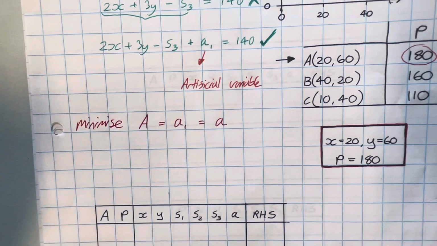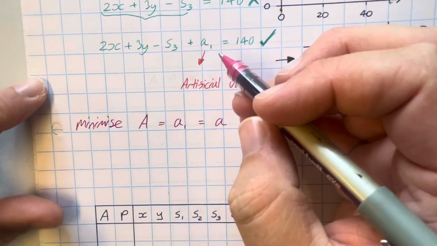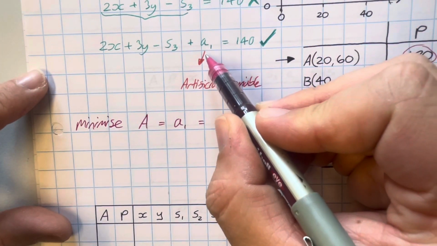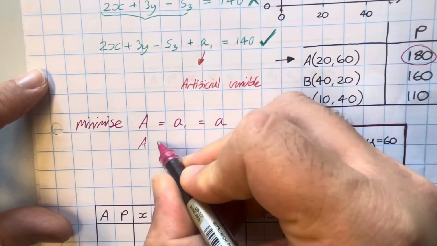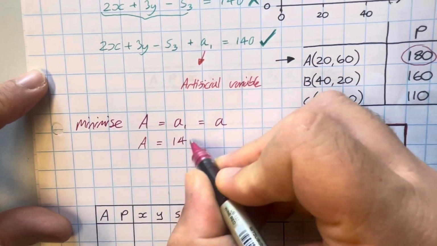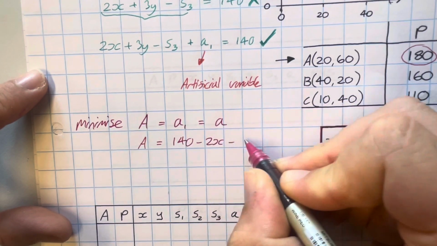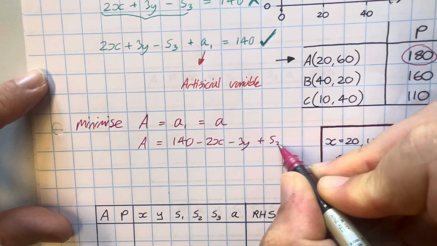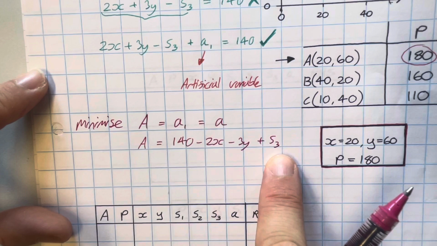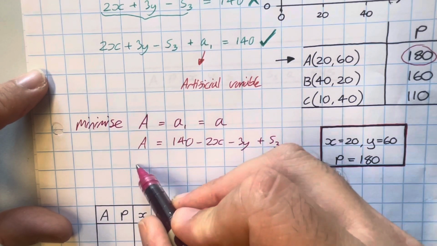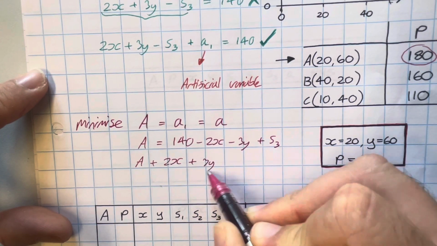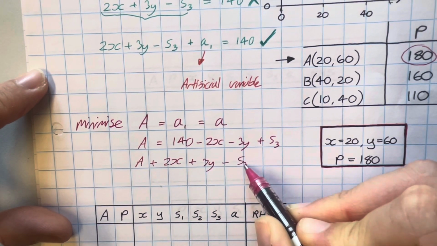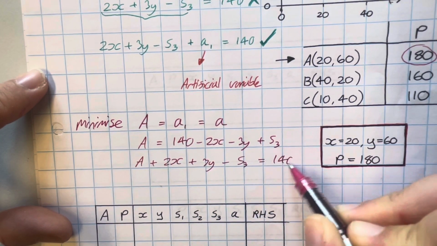There is actually a quicker way to do it, but let's just see the maths in the rearranging. A1 is going to equal 140, negative all that. So A is equal to 140, subtract 2x, subtract 3y plus S3. And if I bring it all across the other side, I'll end up with A plus 2x plus 3y minus surplus equals 140.